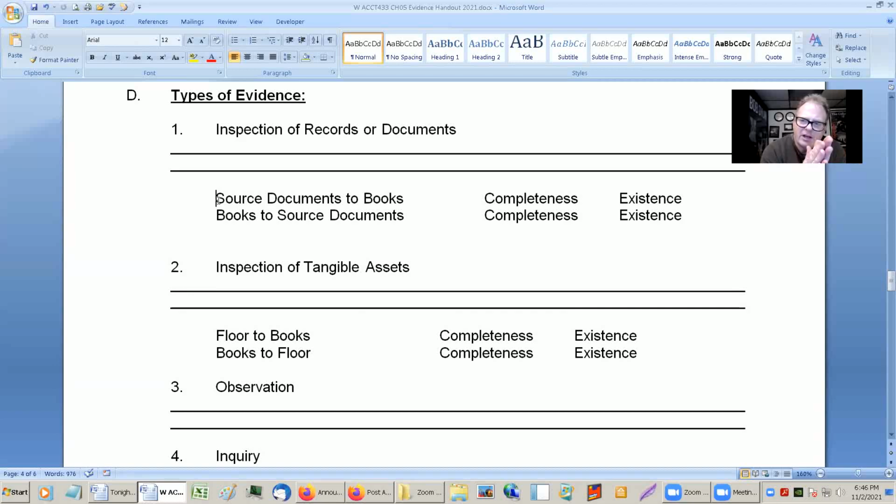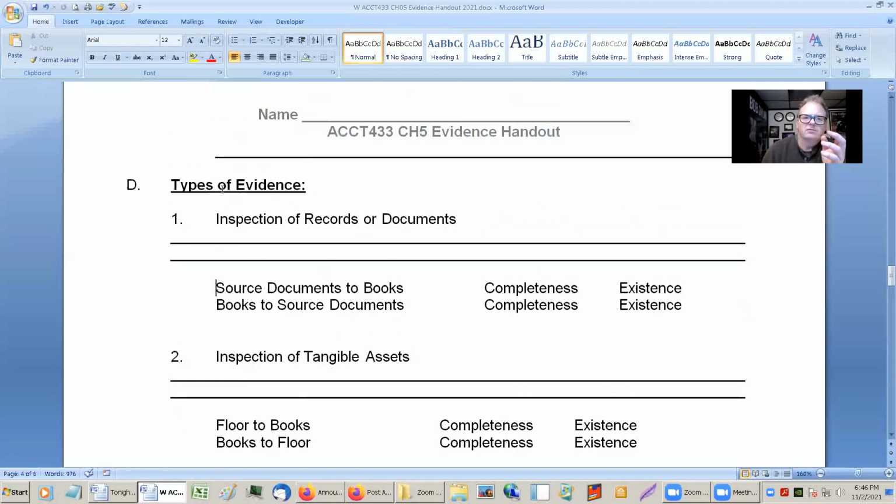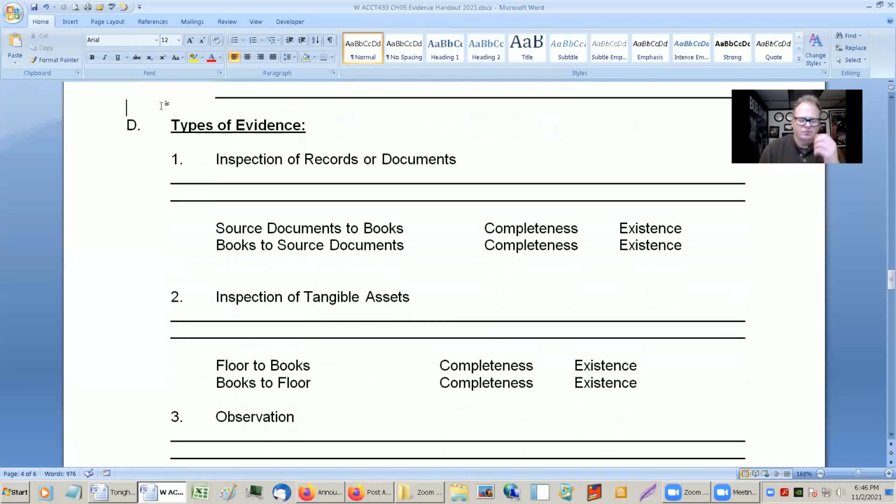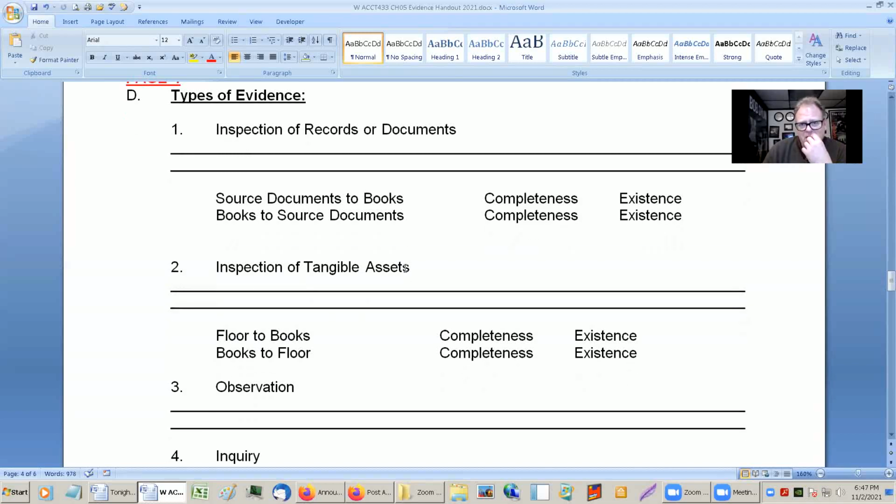So I take my bill of lading. This is on page 4. Am I looking to see if they exist or if it's complete?